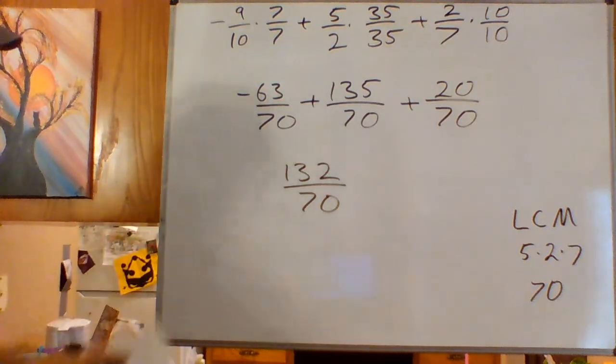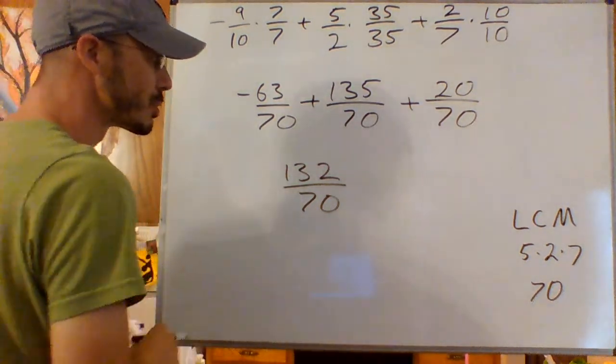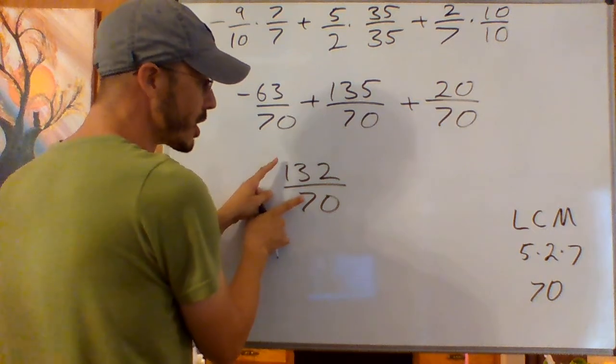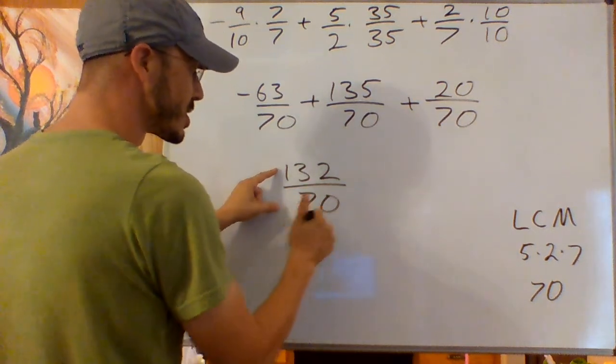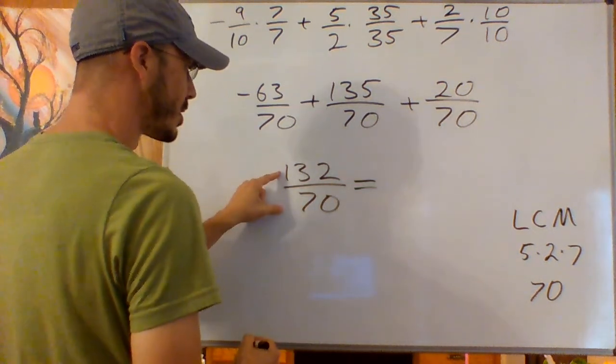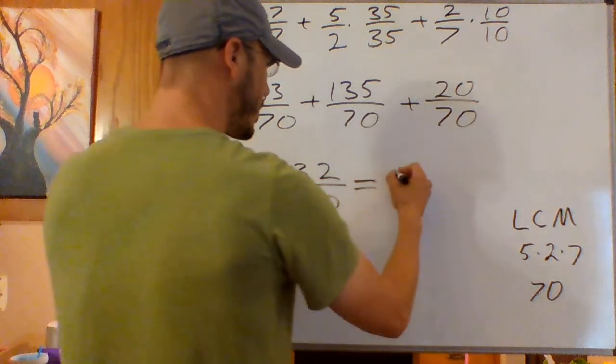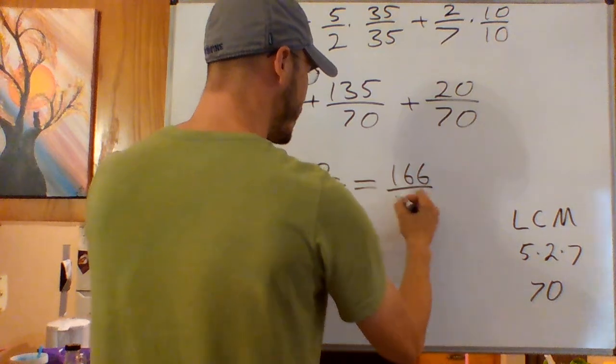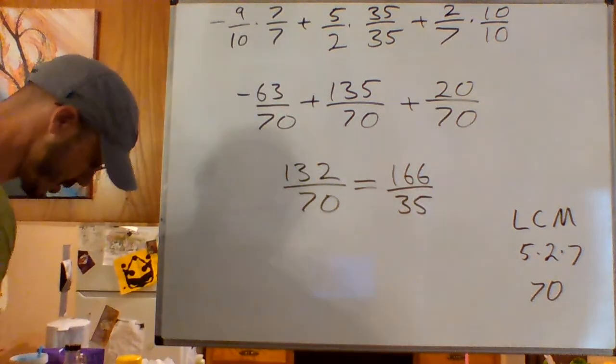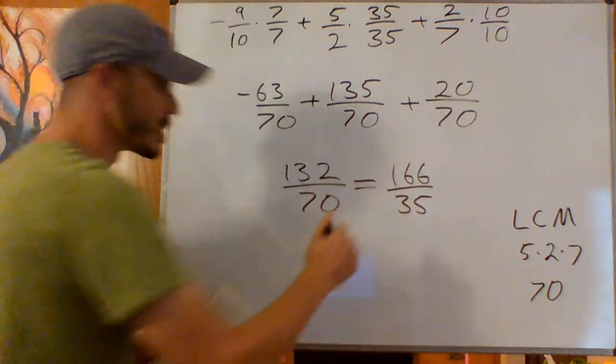132/70. And then for Hawks, you do need to reduce this. These are both even numbers, so this is 66/35, and I think that's in lowest terms.